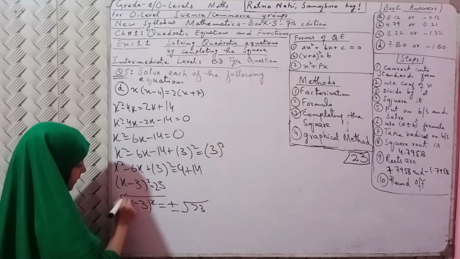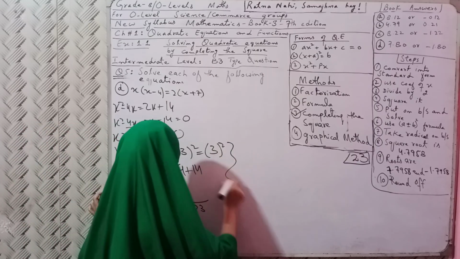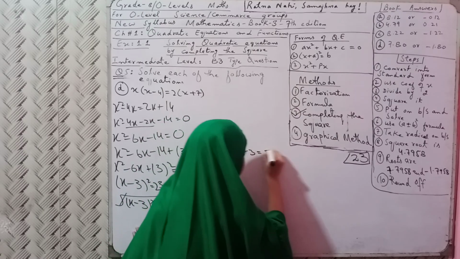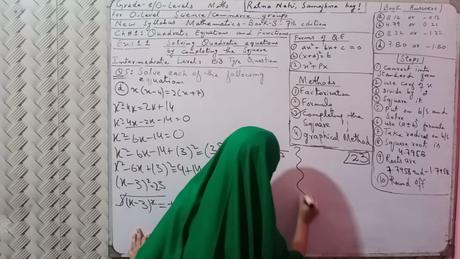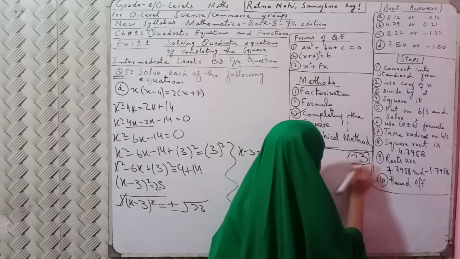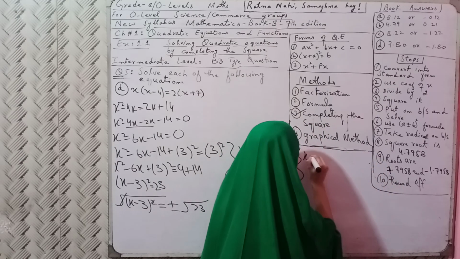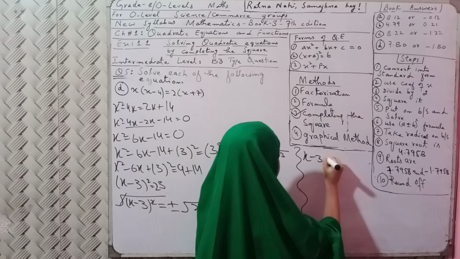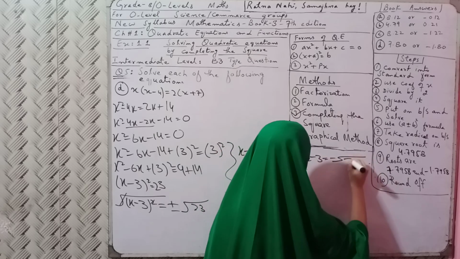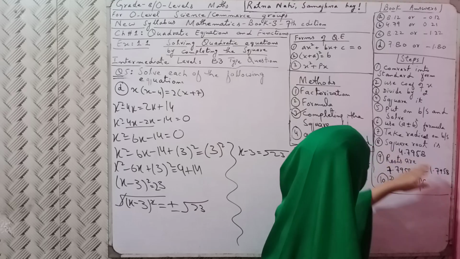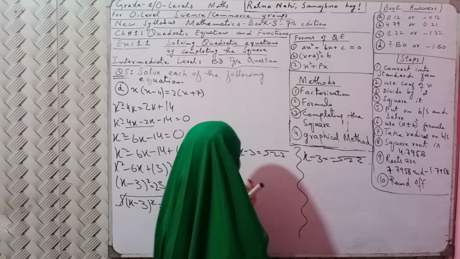Now we are to cut this and make it into two equations. So x minus 3 is equal to radical 23, and x minus 3 is equal to minus radical 23. Now the square root is 4.7958.